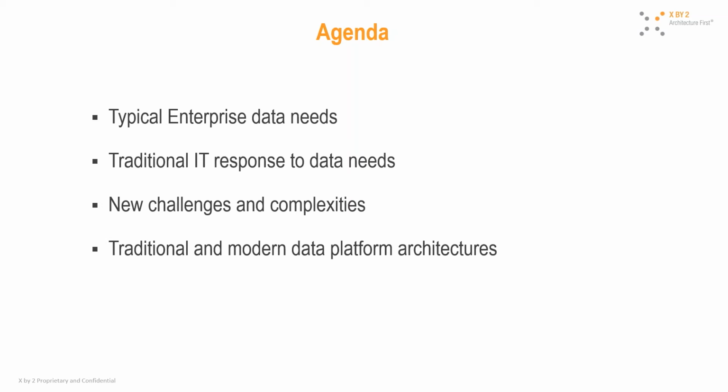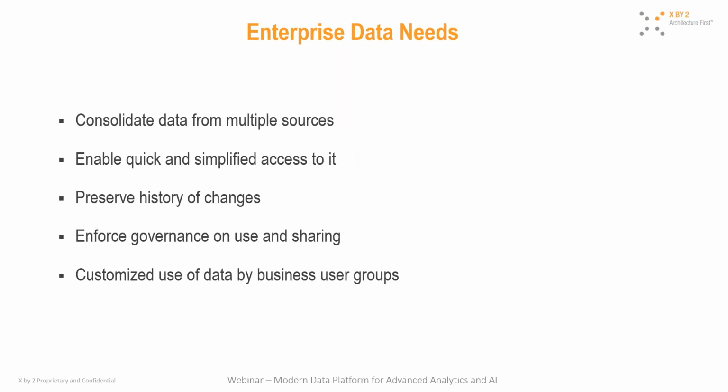We'll talk about what kind of architecture was developed to deliver on those enterprise data needs, what the complexities in that architecture were, and what challenges it was not able to deliver as efficiently as many of us had hoped. And then we'll peel it and look into the actual stack of the architecture, and look at how that could be evolved into a modern data platform.